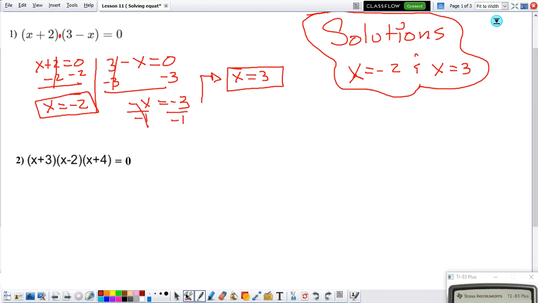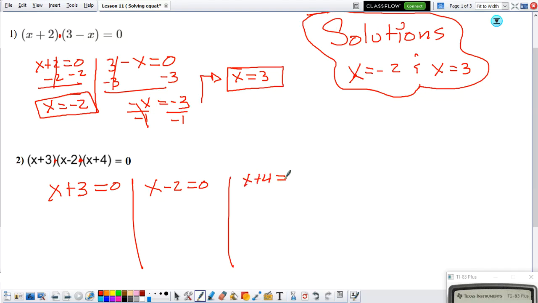So let's look at example 2. You see 3 parentheses, or you see 3 expressions which are being multiplied. So what do we do? Well, if you want to solve, you set each expression equal to 0. Second expression, third expression, and then you solve individually. So let's solve the first. So minus 3. So now you have that x is equal to minus 3.